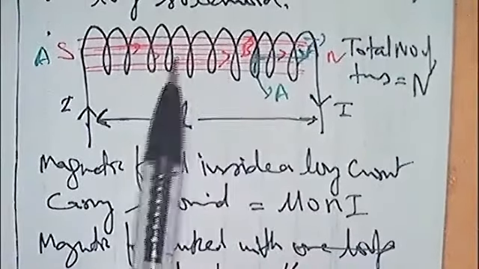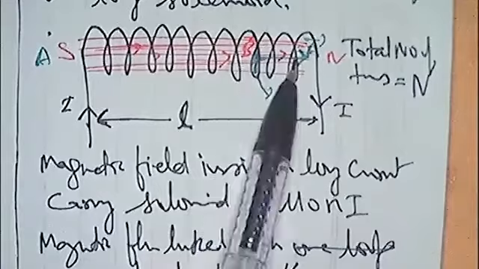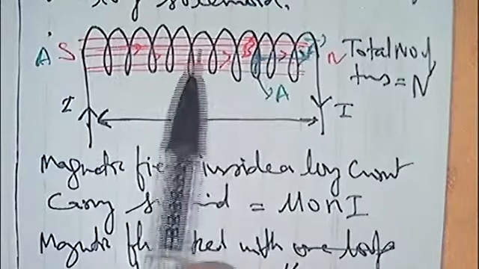There is some magnetic flux linked with this turn, this turn, this turn. So the total magnetic flux linked with the entire solenoid is magnetic flux linked with each turn multiplied by number of turns. So mu naught nIA is the magnetic flux linked with each turn, into total number of turns.